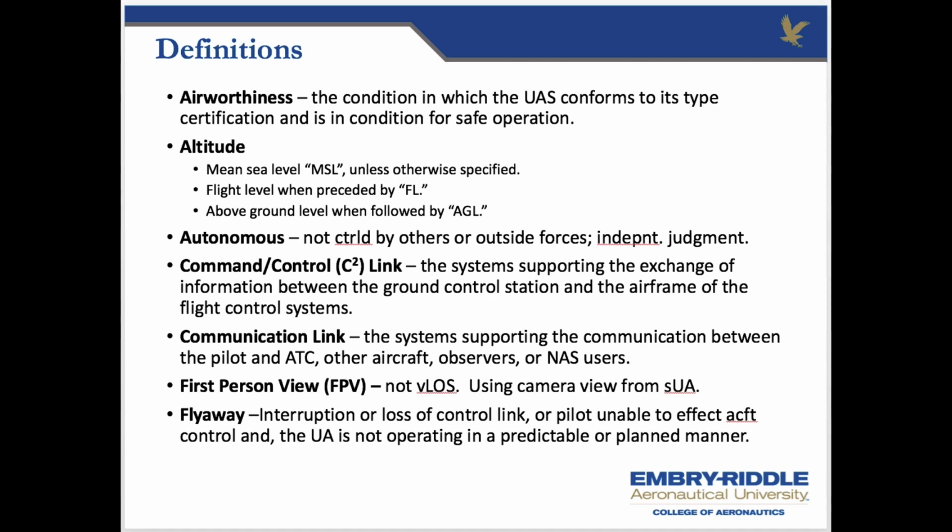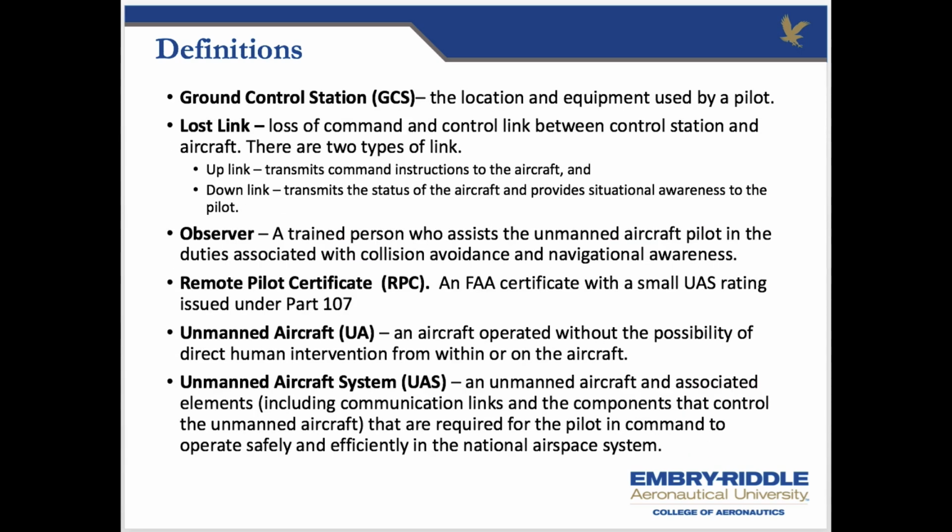A flyaway is essentially an interruption of that control link, or complete loss, and some aircraft will automatically do a pre-programmed return to home function, but some don't. You need to understand that a flyaway is essentially you're no longer in control of the aircraft, and it could be in an unpredictable type of scenario.